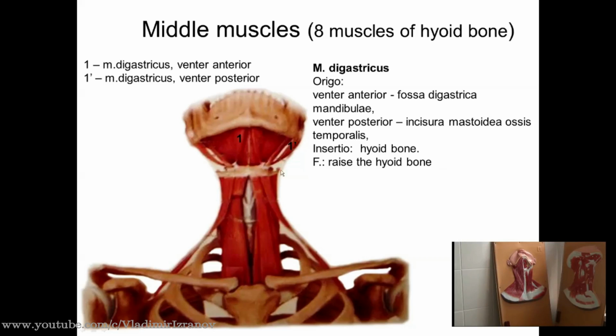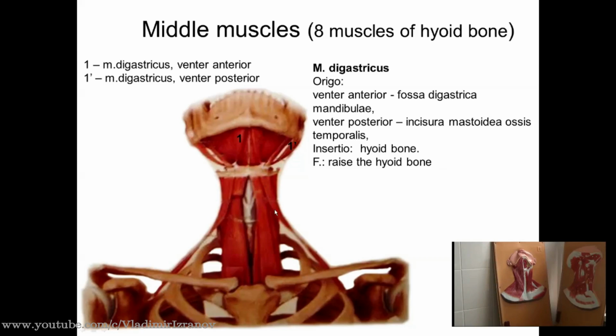It inserts to the hyoid bone as well. So, the function of musculus digastricus is to raise the hyoid bone.